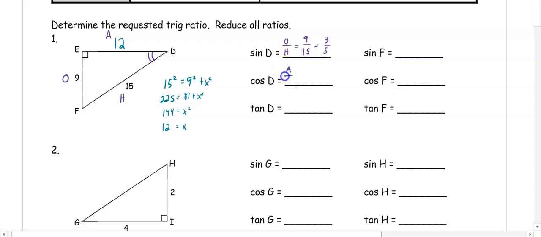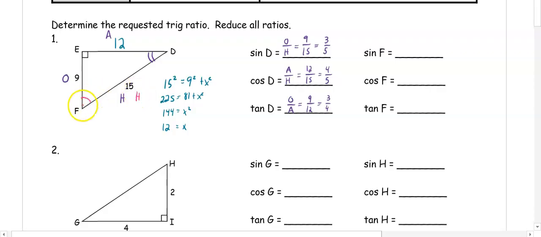Cosine is the adjacent over the hypotenuse. So we have 12 over 15, which reduces to 4/5. And then the tangent of angle D is the opposite over the adjacent, which would be 9 over 12, which reduces to 3/4.